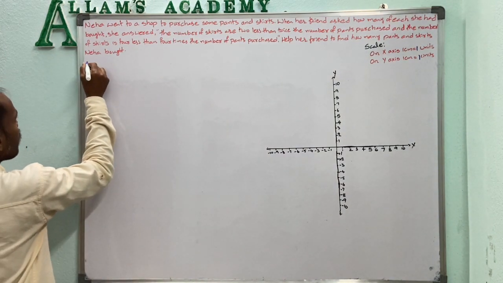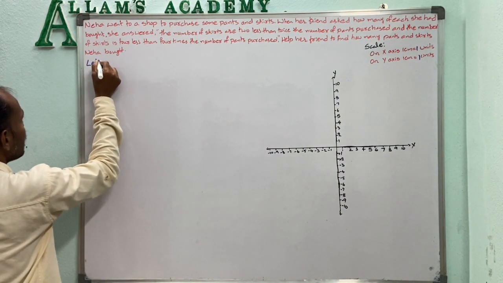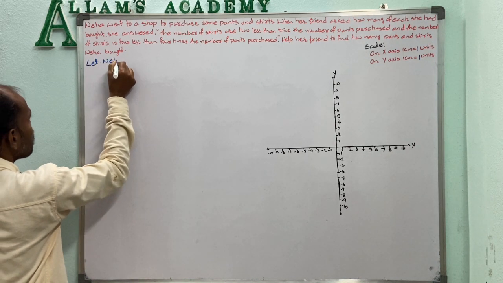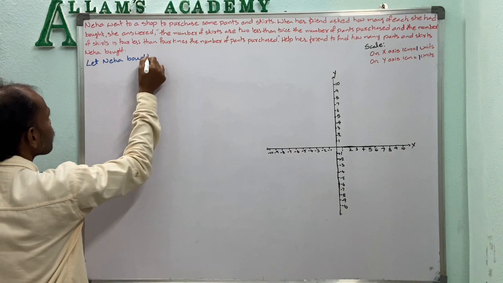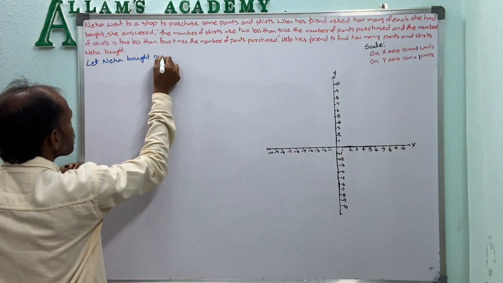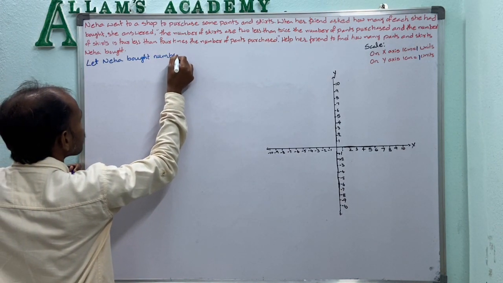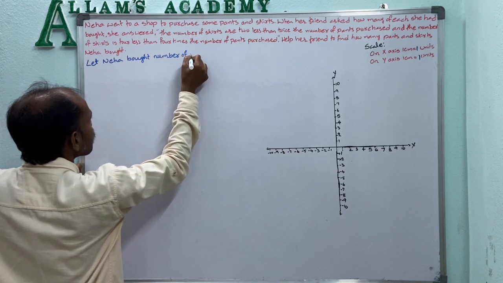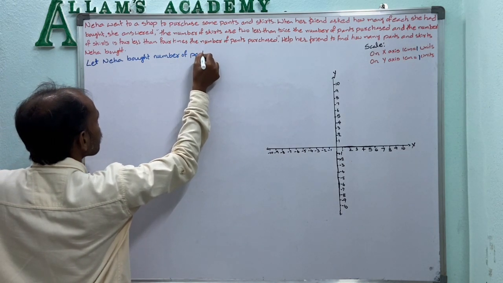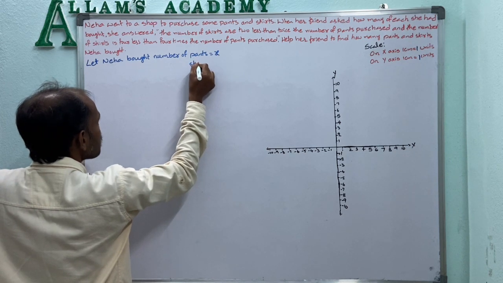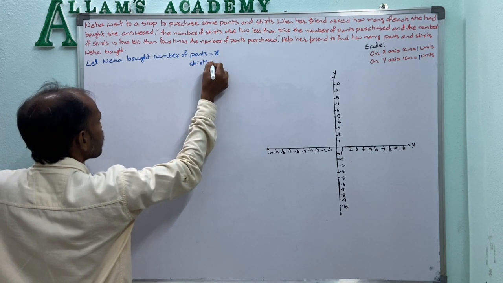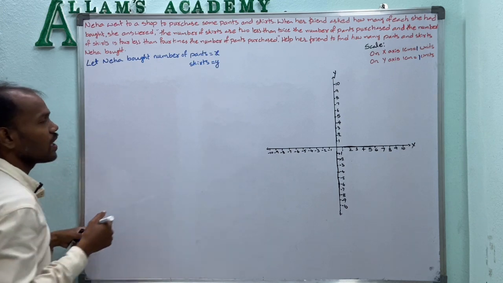First, let the number of pants Neha bought be x and the number of skirts she bought be y.